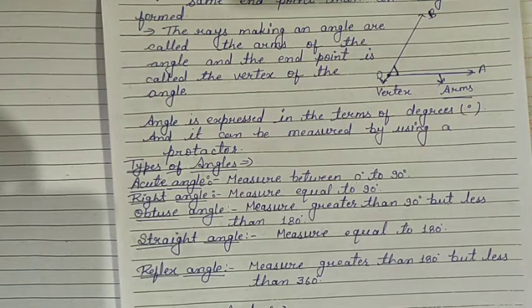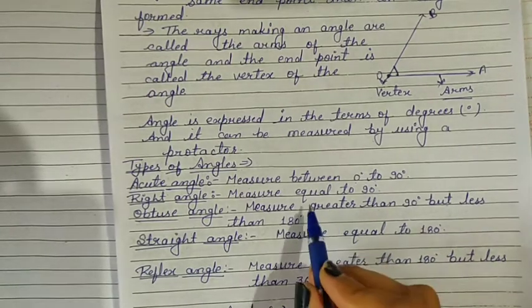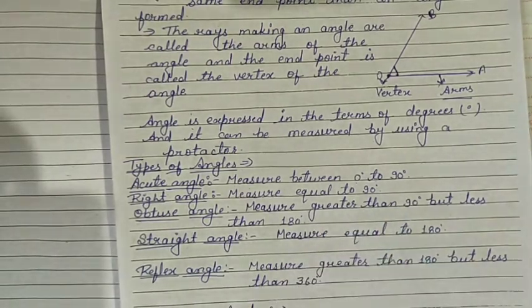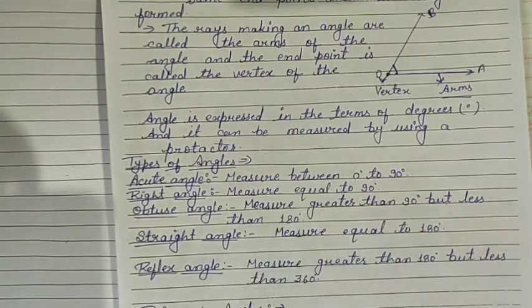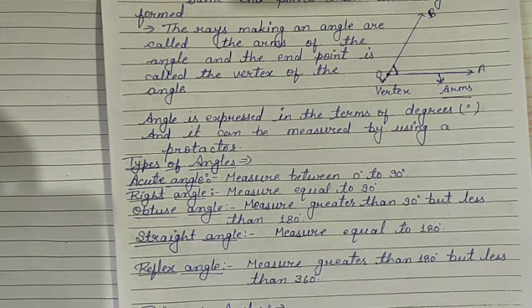Now right angle: an angle whose measure is equal to 90 degree is called a right angle. Obtuse angle: an angle whose measure is greater than 90 degree but less than 180 degree. For example, 120 degree, 91 degree, 179 degree, 160 degree, 100 degree. These are examples of obtuse angle.